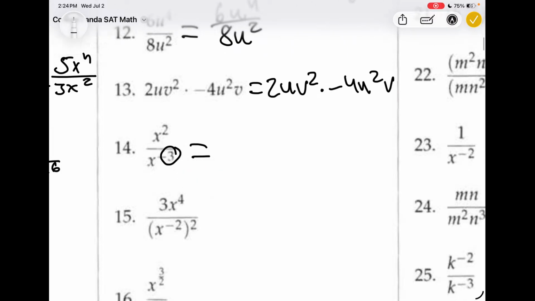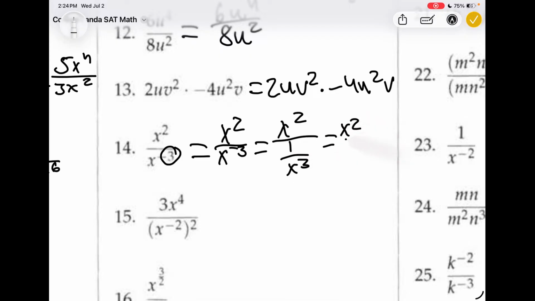Now this has a negative exponent here, which means we're going to have to use some fraction rules. X squared over 1 times... so keep, change, flip, or just invert this.